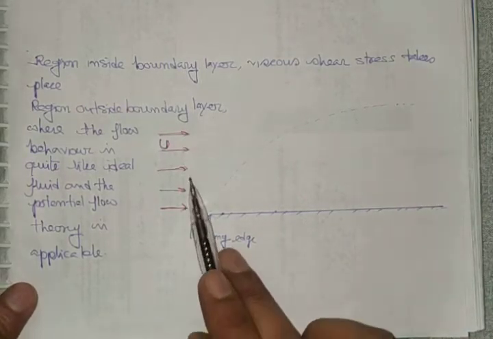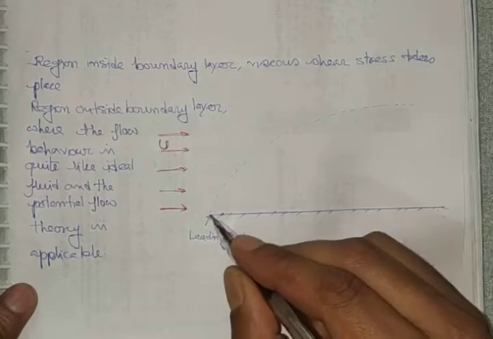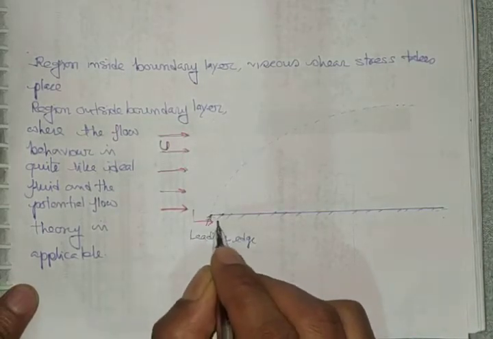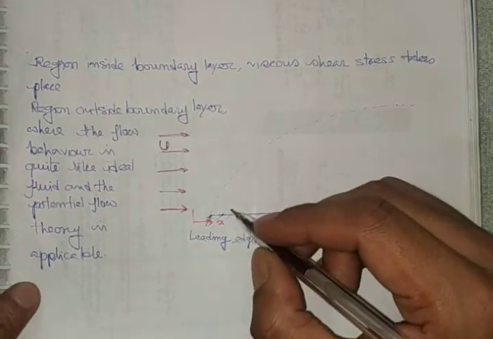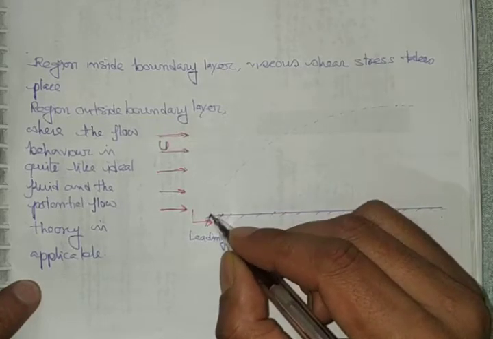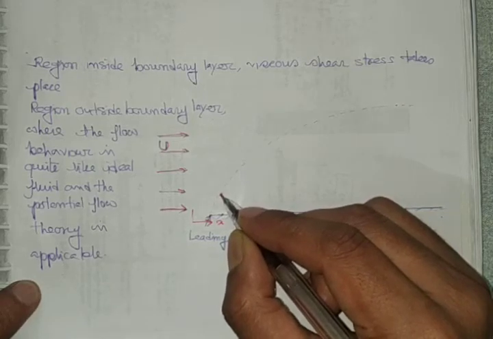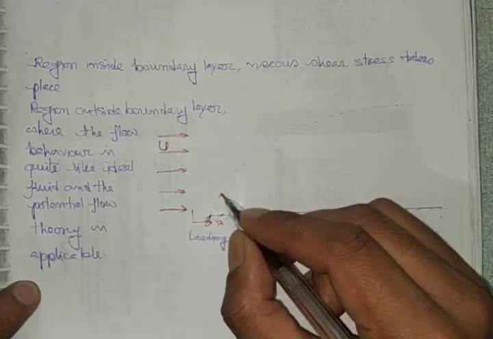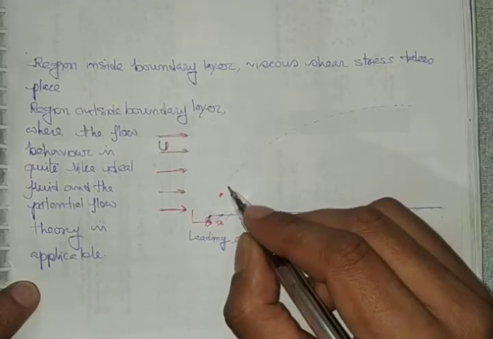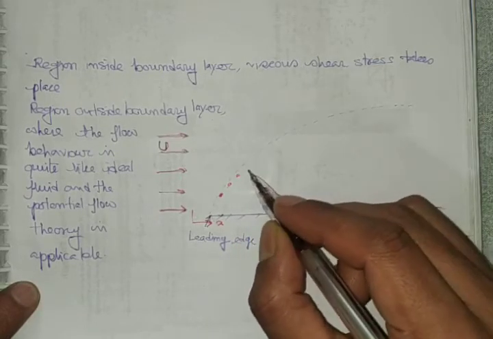When this fluid strikes here, which is called the leading edge, and this is called the trailing edge, at every distance of x you will get an imaginary point where the velocity is 99% of the mainstream velocity, and it will increase like this way.